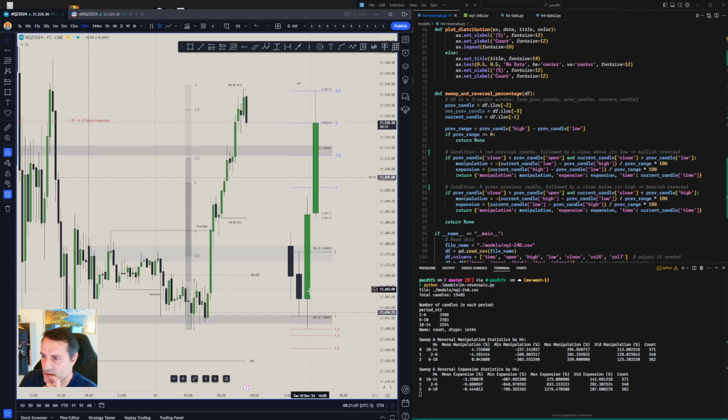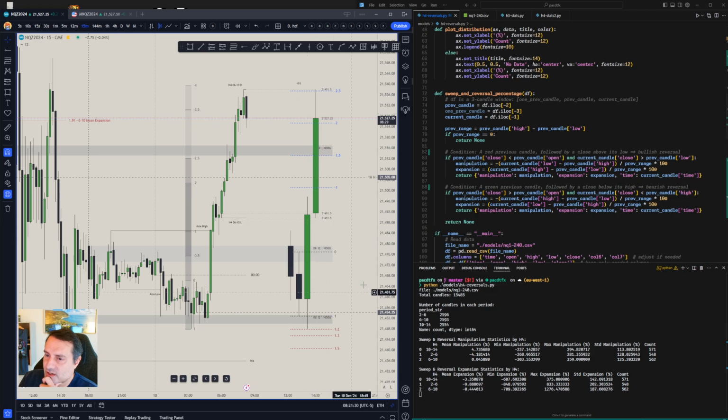Then we want to measure the low to the high of the other candle, how much it is compared to the previous one. So the low to the previous candle high, as measured by the previous candle length, right? This should give us an average, for example, 120%.